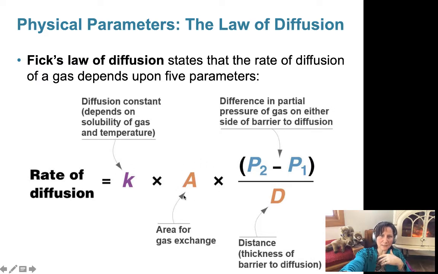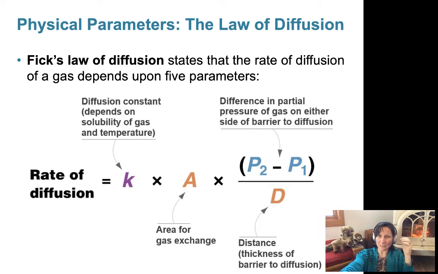This A represents the area for gas exchange. So you might have a smaller area or a larger area for gas exchange. P2 minus P1 is the difference in partial pressure of the gas on either side of the barrier. I usually think of P2 as the partial pressure outside, so in the environment, and P1 is on the inside of the respiratory membrane.